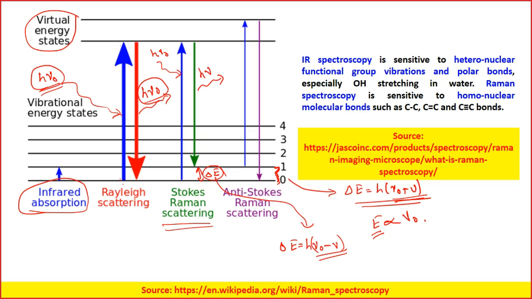The electron is retaining some energy. It is not settling down to the zero electronic level. Whereas in anti-Stokes, it is releasing more energy. Whatever it has gained, from there also it is releasing more energy. So that's why you are getting this delta E equals to h of this thing.